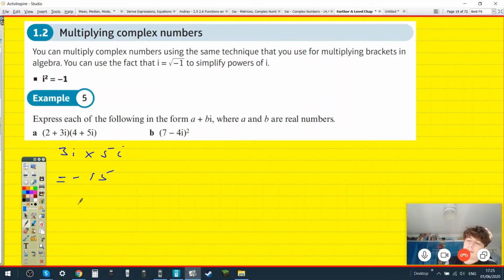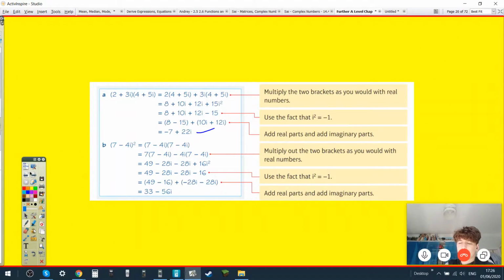And then you just add minus 15 to the 8. 8 minus 15, that's minus 7. And then 10i, 12i, was it 22i? Yeah. 10i plus 12i, so minus 7 plus 22i. Yep, great.